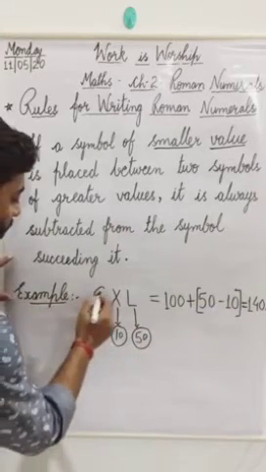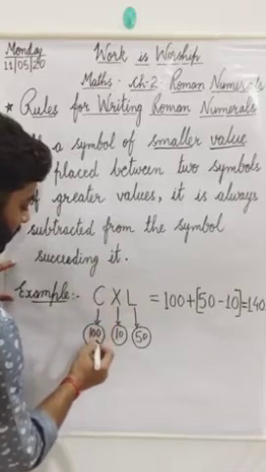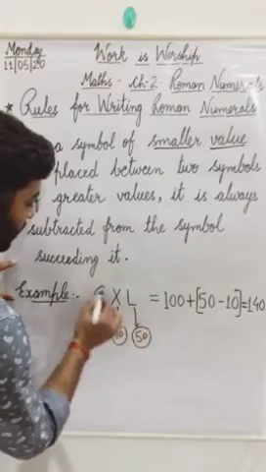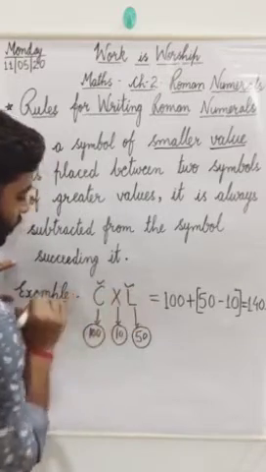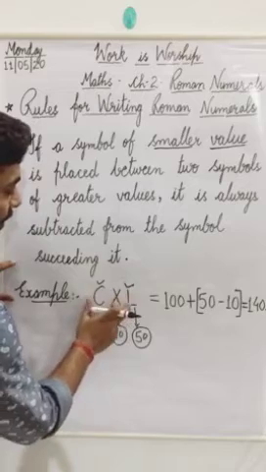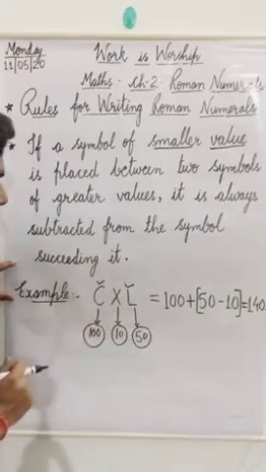Look at the example. Here is C denoted to 100, X is 10 and L is 50. So these are greater values and X is a smaller value which is placed between those two greater values.